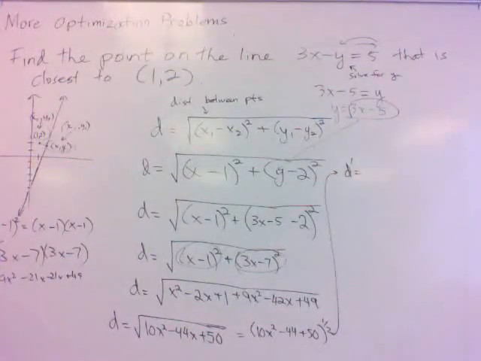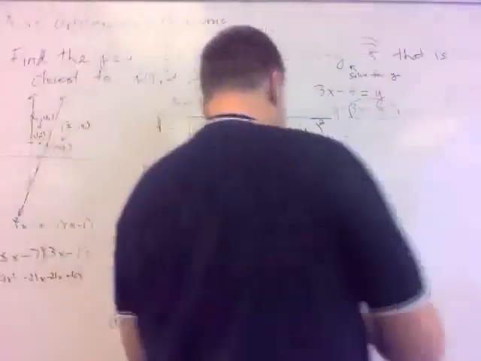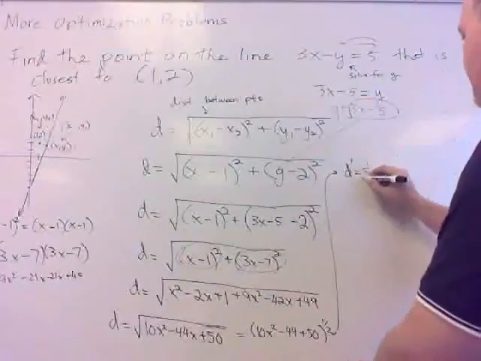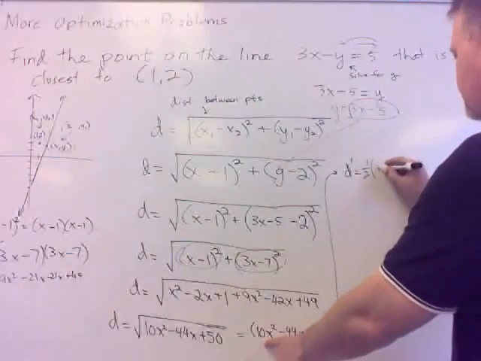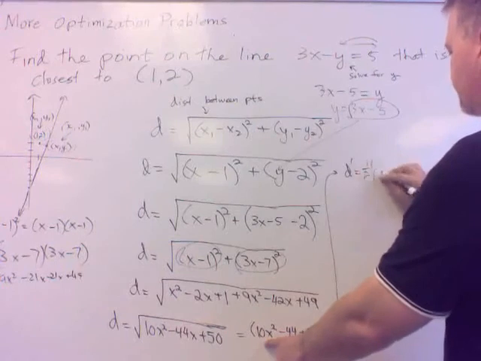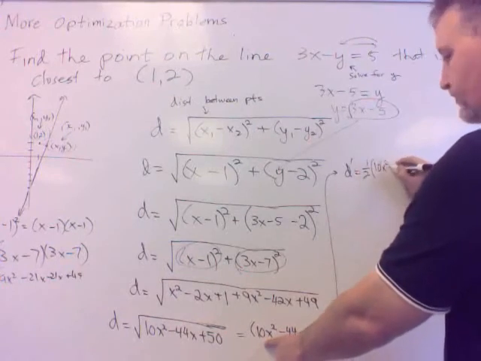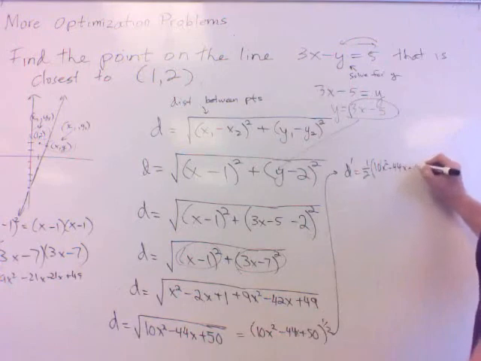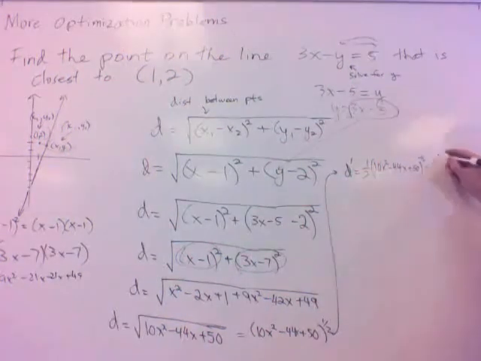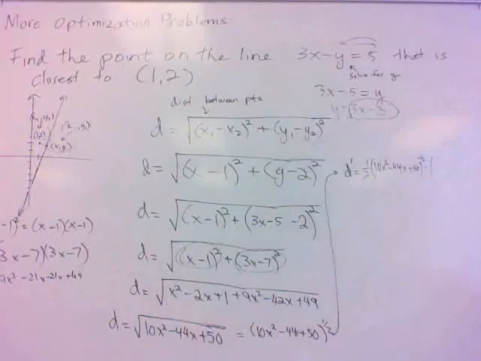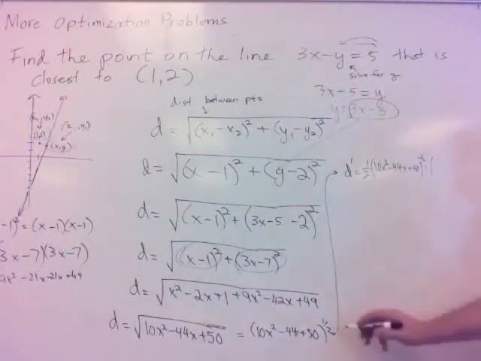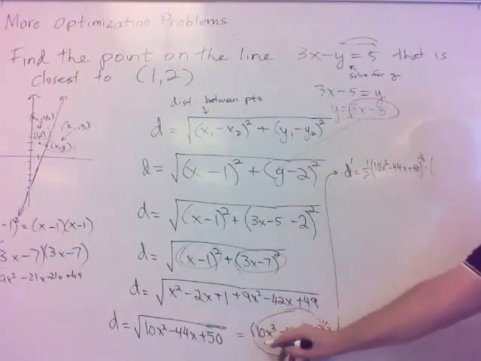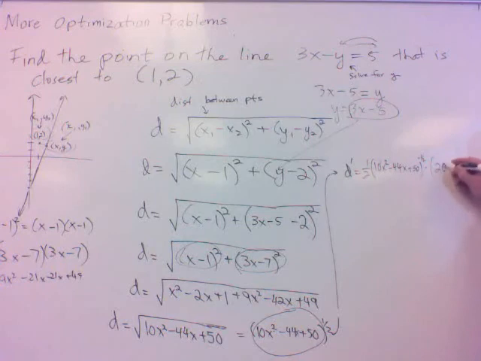Okay. So the derivative, chain rule, says do the power outside, so it'll be 1/2. The inside stays the same. Then subtract 1 from the power, so we have minus a half. Then multiply that by the derivative of the inside, which would be 20x minus 44, right? Is that okay?